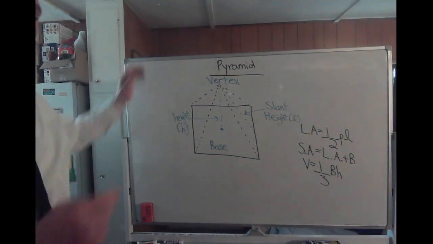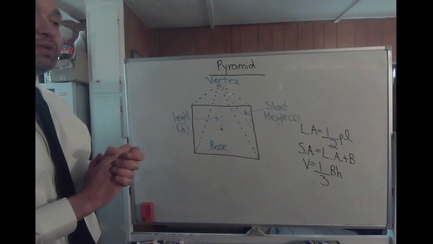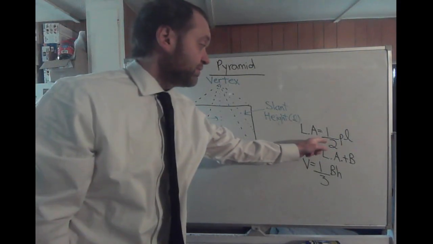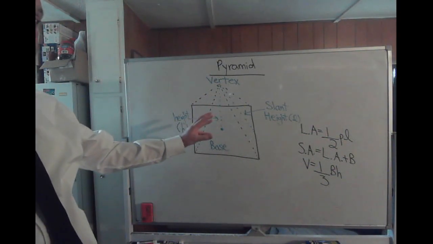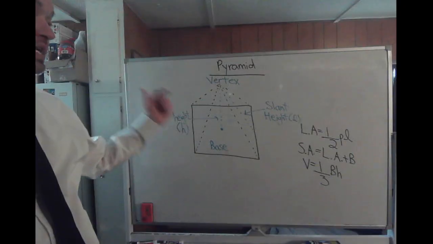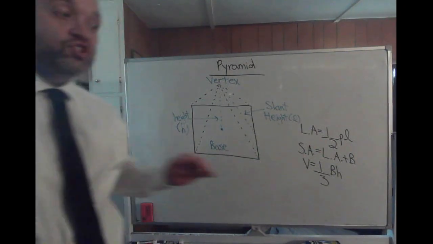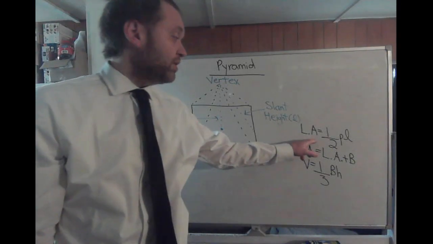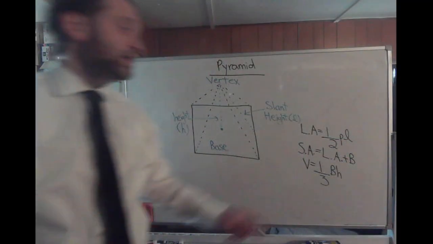It's derived from the formula for an area of a triangle in general, which would be half the base times the height. Well, this formula for the lateral area allows you to take care of all the triangles at once, times the slant height, of course, which would be the height of each triangle in particular. So the lateral area of a pyramid is half the perimeter of the base times the slant height.